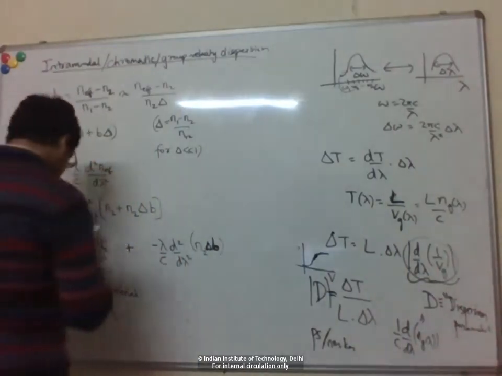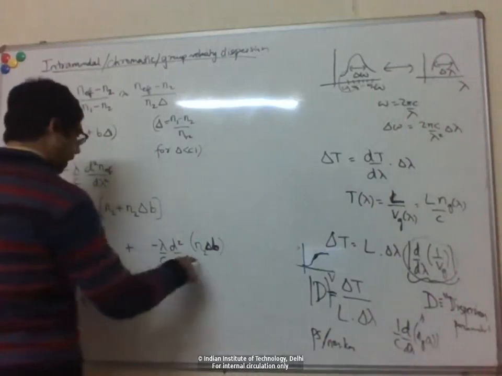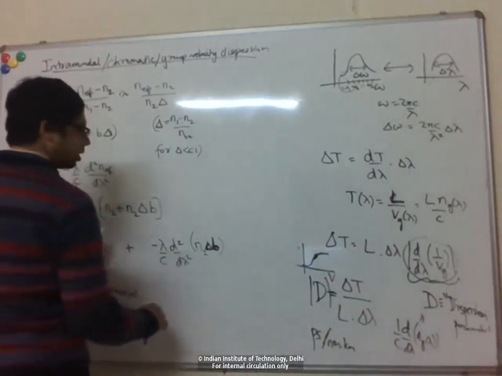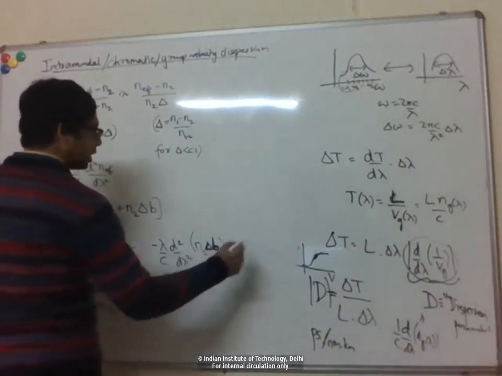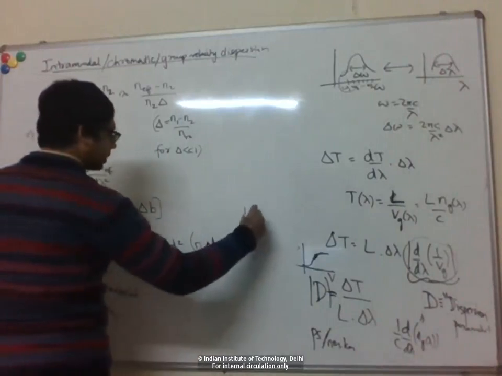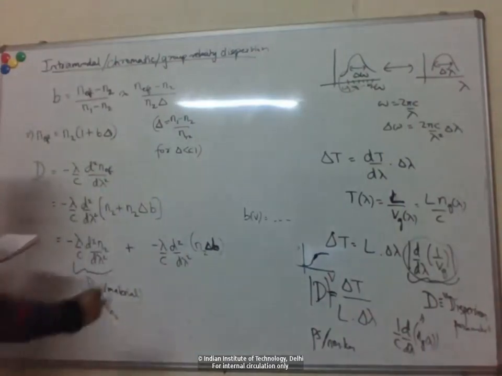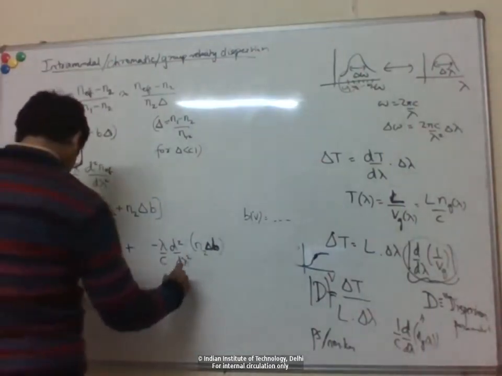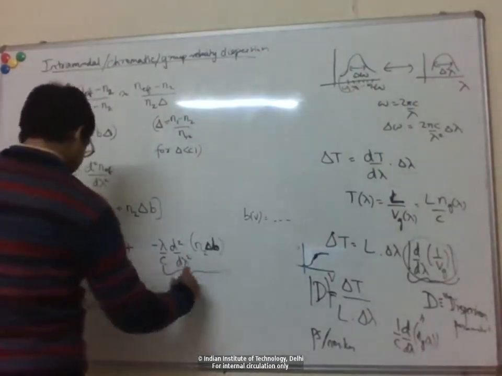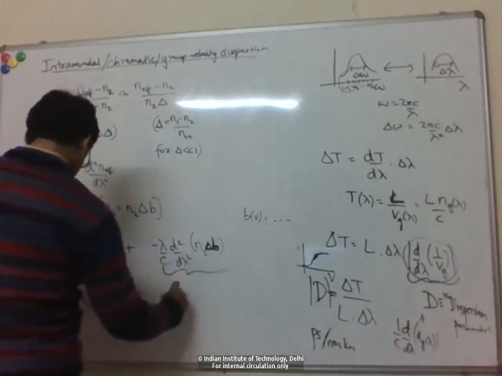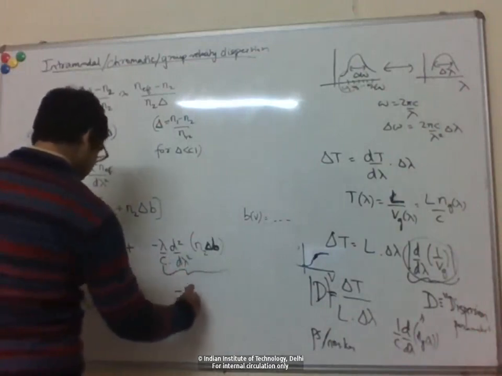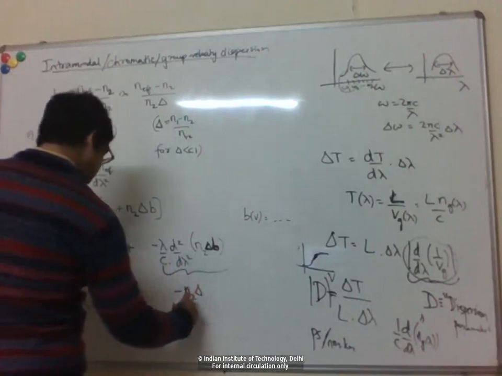Okay, so we can write this in terms of the BV curve, right? So again, we had this expression for B as a function of V. So this thing we can write in terms of the V parameter like this.